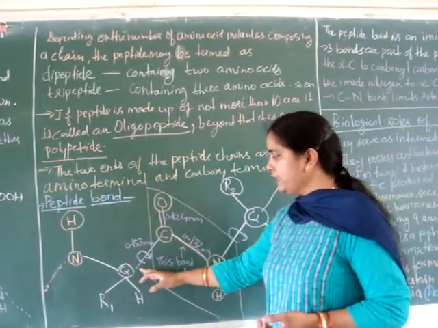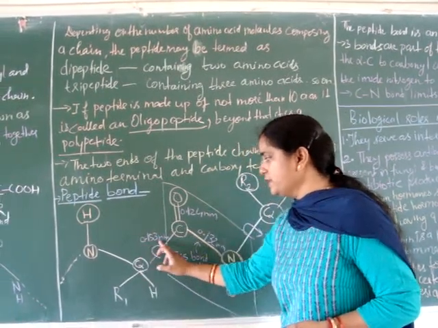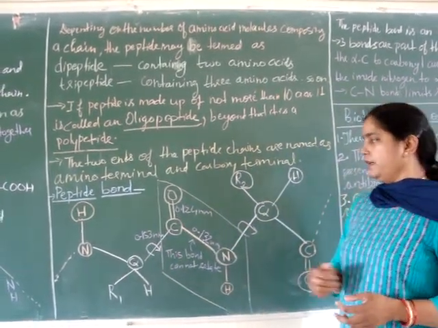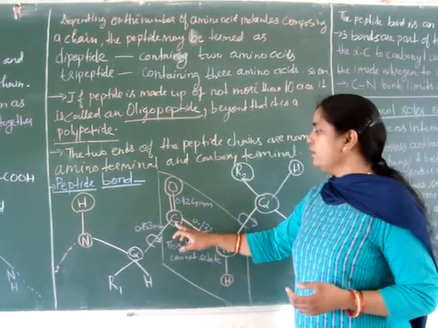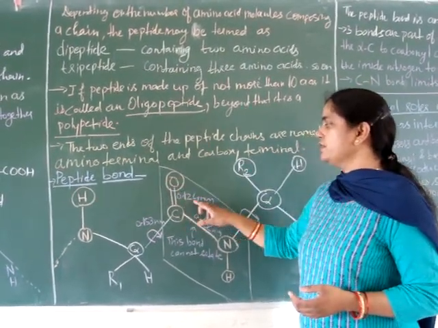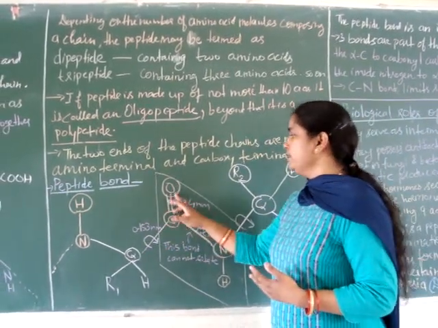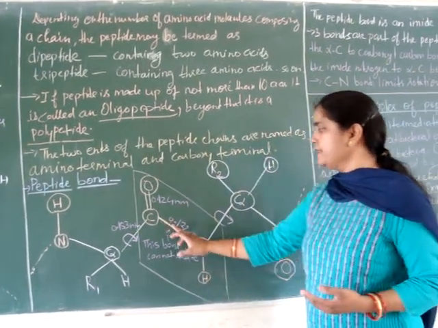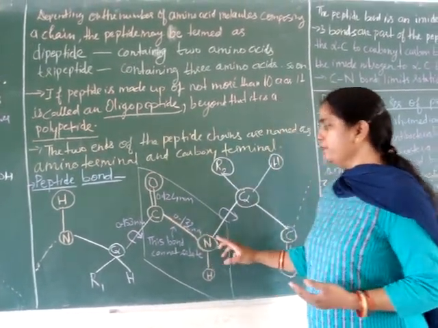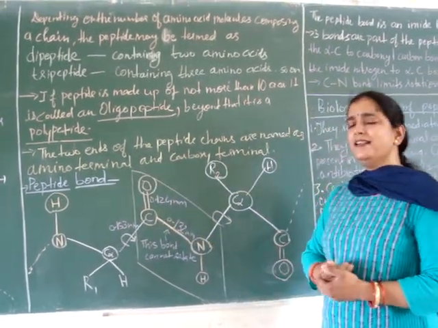Because you can see here the bond length of carbonyl carbon and alpha carbon atom is 0.153 nanometer, that is a single bond, and the bond length of carbonyl carbon and carbonyl oxygen is 0.124 nanometer, that is a double bond, and the bond length between carbonyl carbon and amine nitrogen is 0.132 nanometer, that is in between a double and single bond.